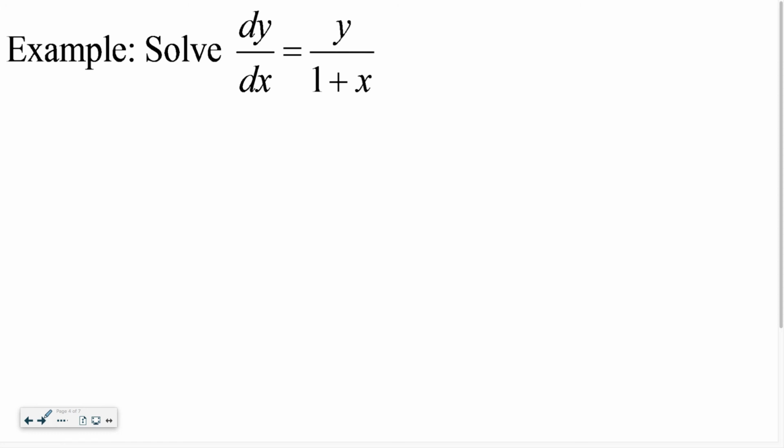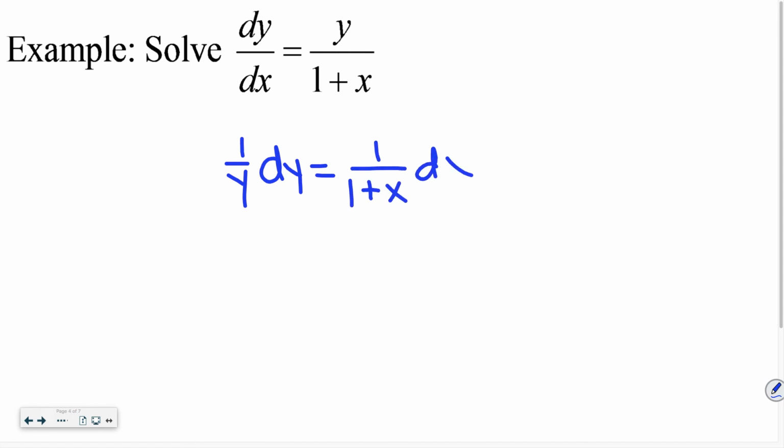Okay, last time we cross multiplied. That's not going to be helpful in this case. We need x with dx and y with dy. So if I want y with dy, we're going to have to divide over the y. And if we want x with dx, we're going to multiply the dx to the other side.